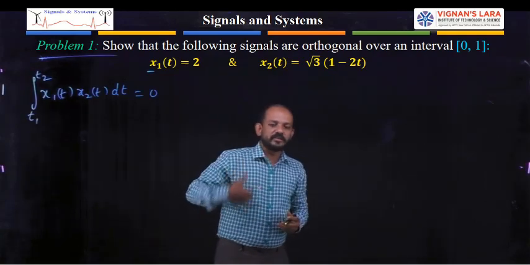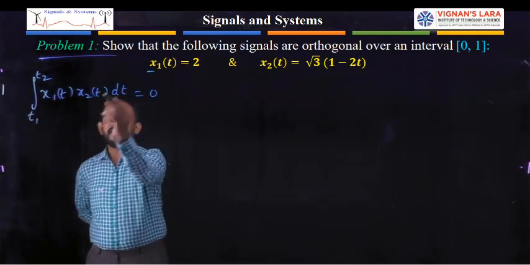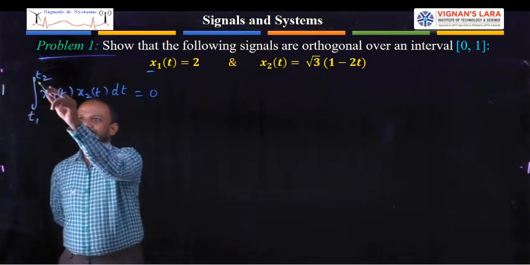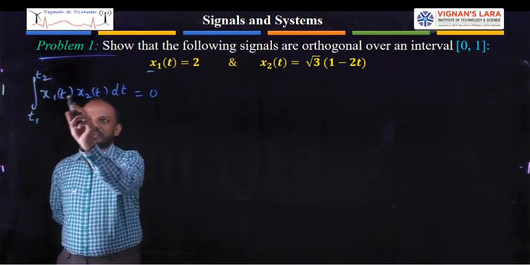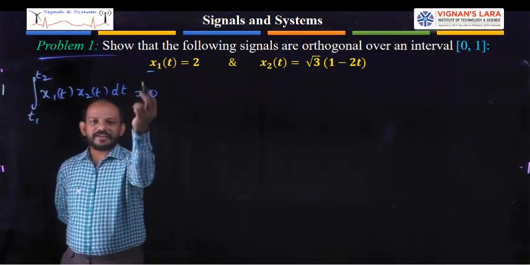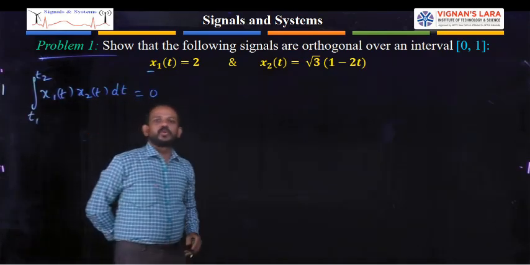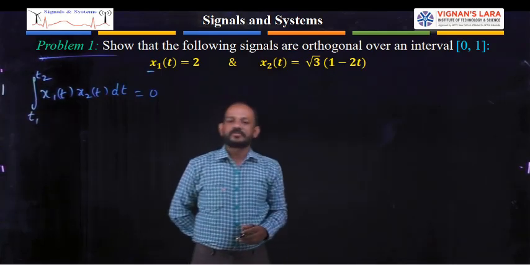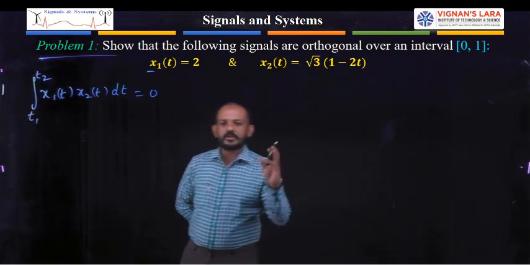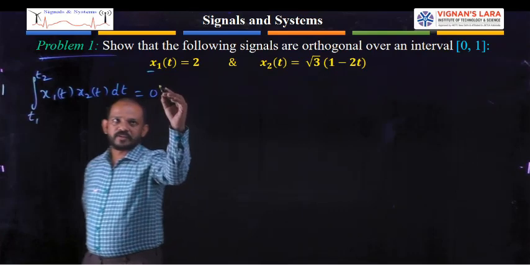Here the two signals I have taken are x1 of t and x2 of t. So if the integral of the product of x1 of t and x2 of t over the interval t1 to t2 is 0, then the two signals are orthogonal to each other. So this is the condition.